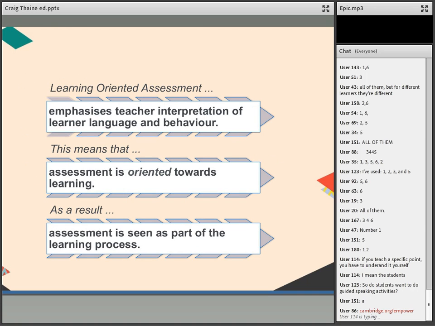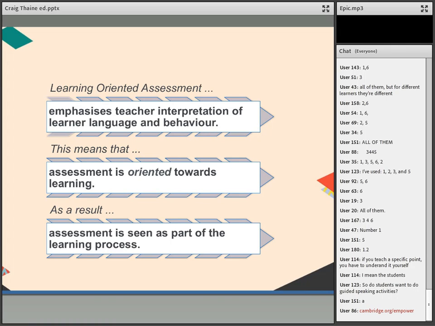Learning-oriented assessment is a way of looking at the language and the behavior of learners, and a teacher assesses or evaluates that because they want to find out what they should do next with learners, what should be the next thing that they actually focus on. So as a result of the assessment or the evaluation, they think about the learning that's to come.